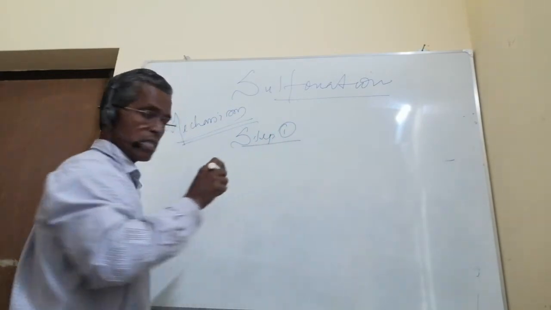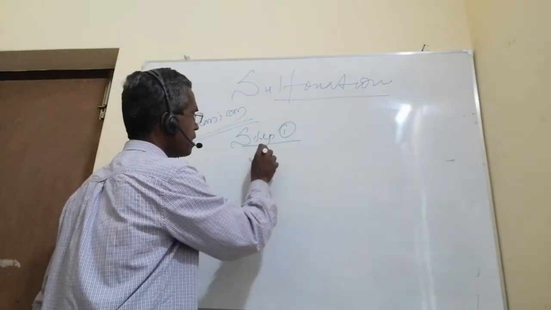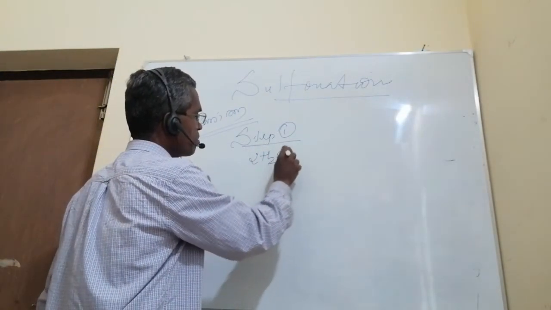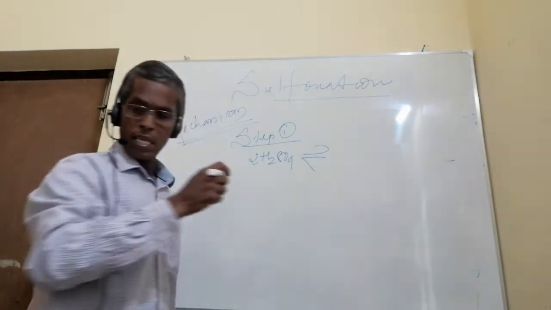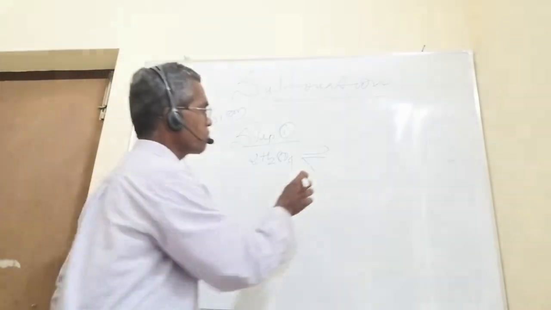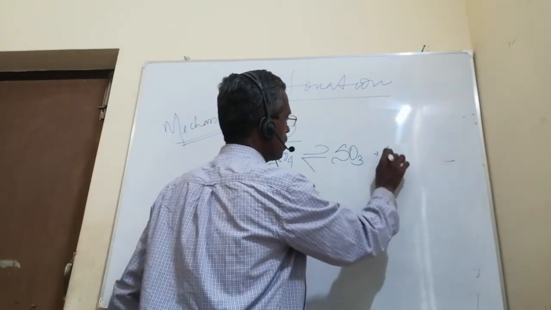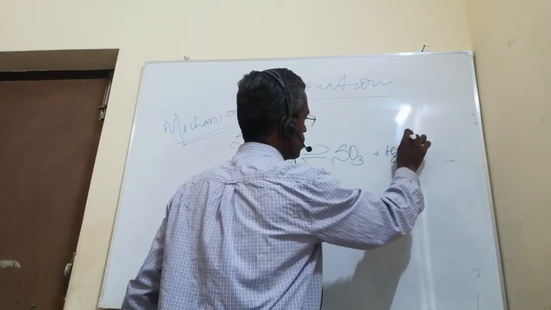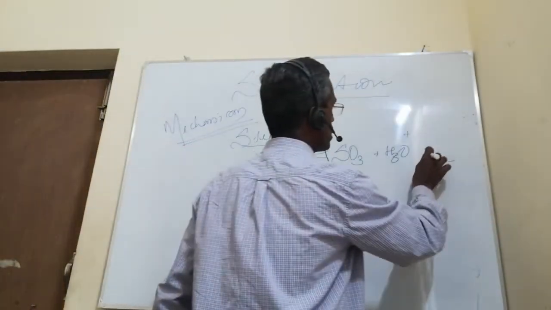Step number 1 is a simple formation of an electrophile. Take 2 molecules of sulfuric acid, which in an equilibrium reaction gives you SO3 plus H3O+, then we have HSO4-.